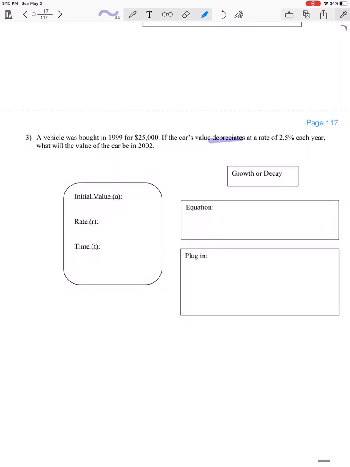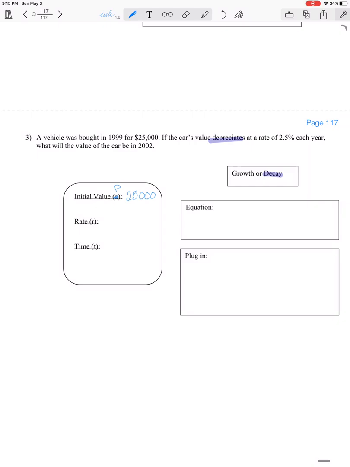If you look at your cheat sheet, you'll see that when we see that word depreciate, we're actually decaying. So, initial value, they bought the car at $25,000. So that's my initial value because that was the starting value of the car.